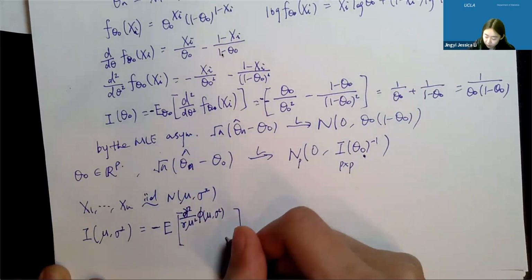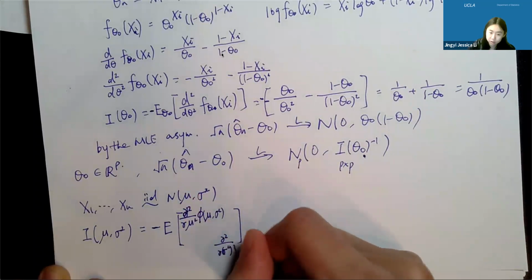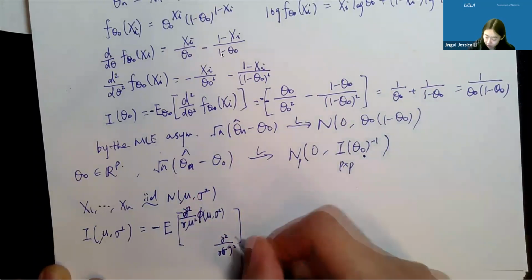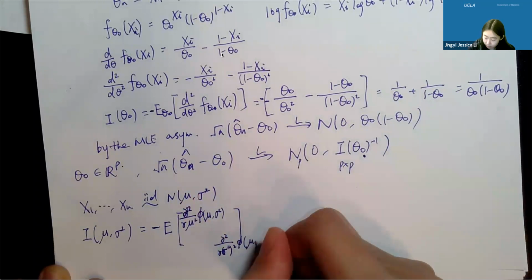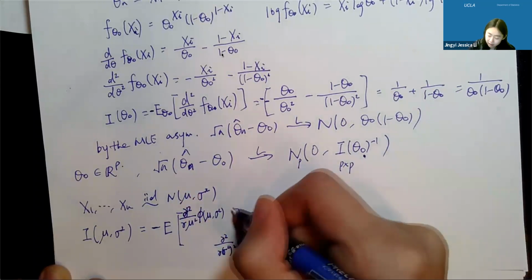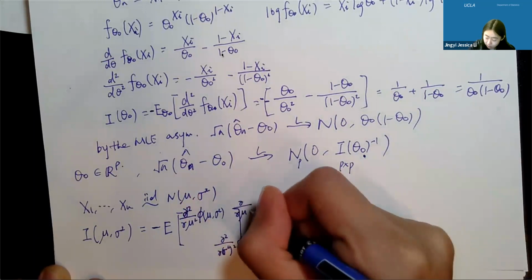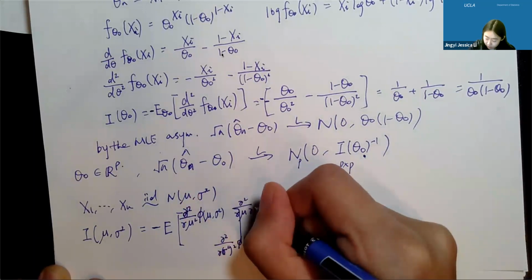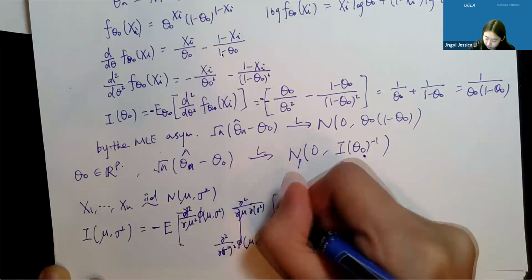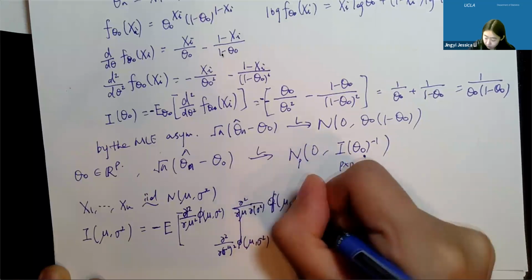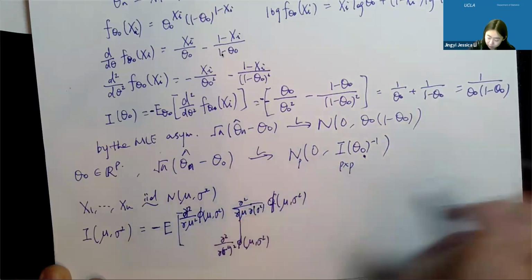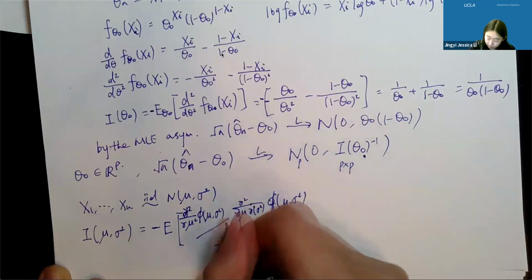And right here, you will have the partial with respect to sigma squared. You take differentiation twice of this normal density in mu and sigma squared. And in the off diagonal, you're going to have partial mu, partial sigma squared of the density, and by symmetry, it's the same here.